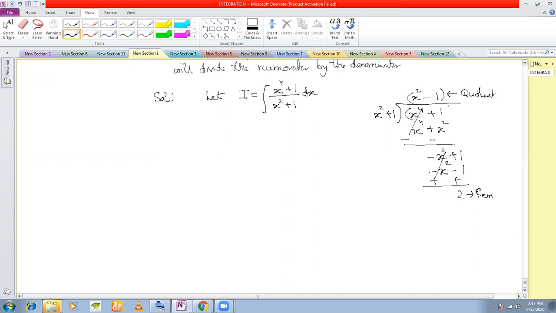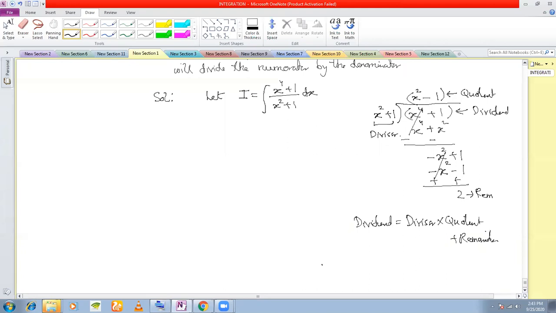This is your dividend, and this is your divisor. And you know that dividend is equal to divisor into quotient plus remainder, right?